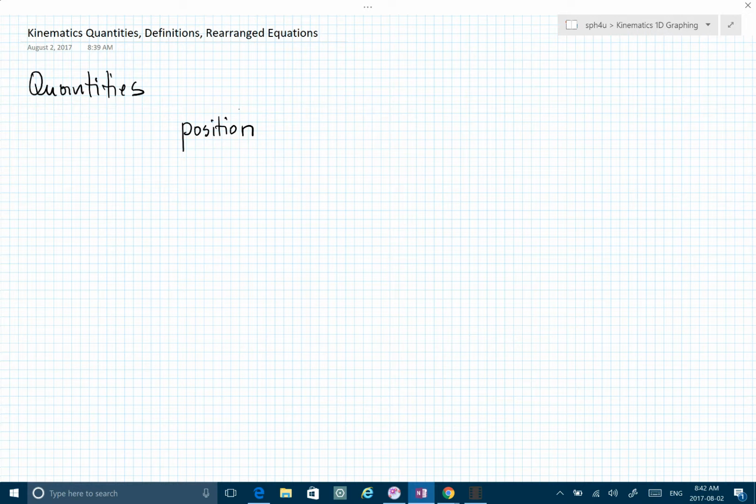Position is a vector quantity, so I put a V. The variable that we use in this course is d, and usually we care about the initial and final position of a motion.